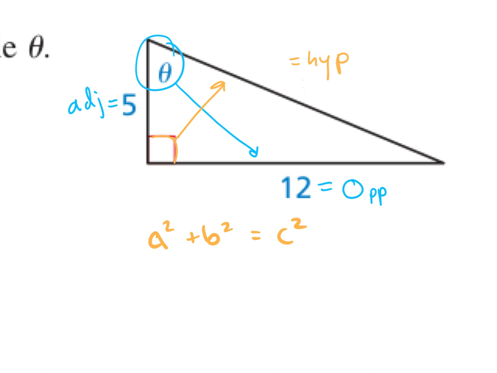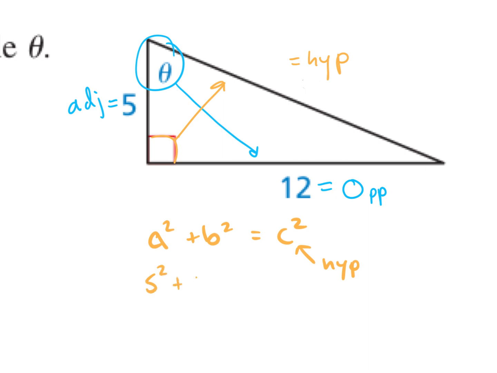So we use the Pythagorean theorem to find the missing side. So c squared, c has to be the hypotenuse. It's always the longest one. The a and b doesn't matter which one's which. You can say 5 is your a or 5 is your b. Doesn't matter as long as you're adding just the two legs together and it's equal to the hypotenuse squared.